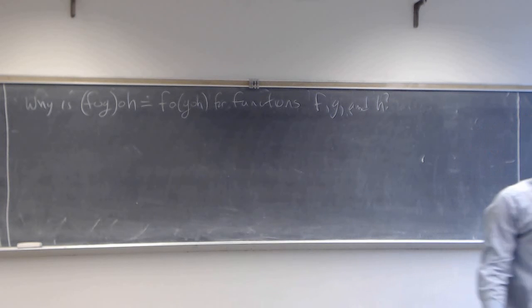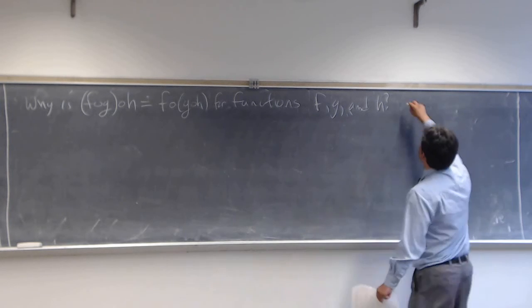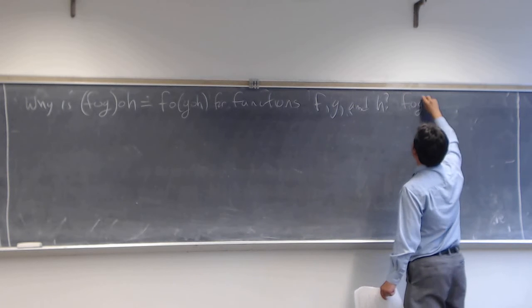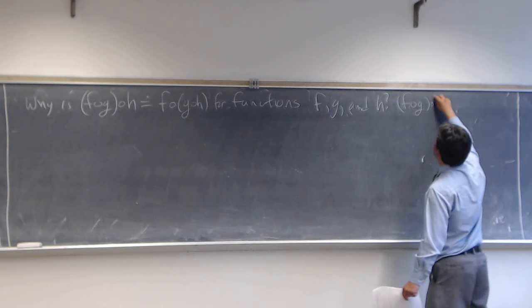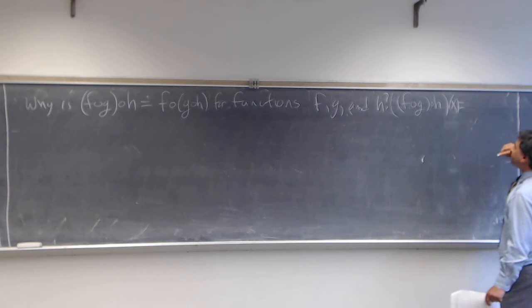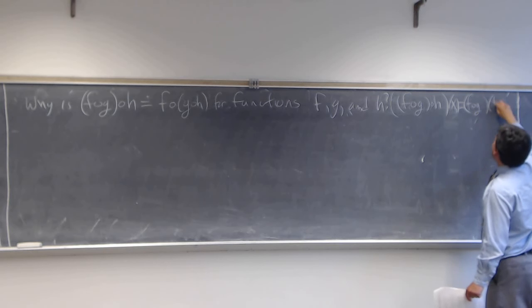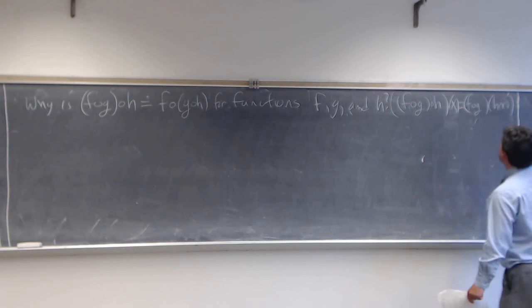Well, how can you show two functions are equal? You just take an arbitrary x and show they give you the same value for x. So if we look at f composed with g, composed with h, and we plug in x, that's f composed with g of h of x.